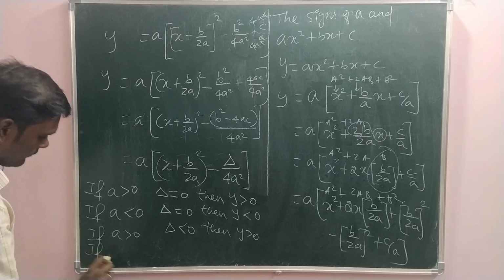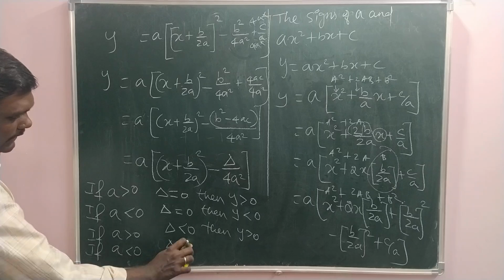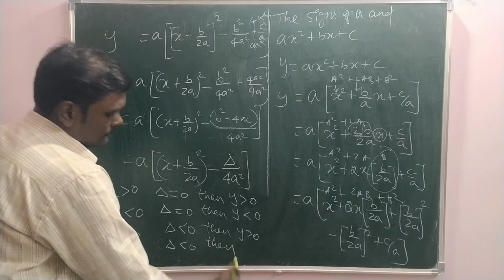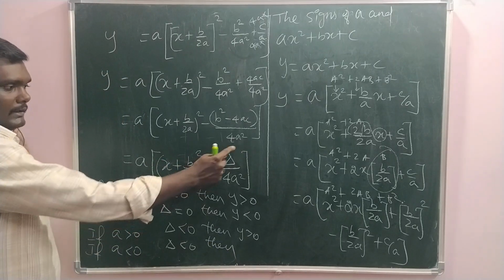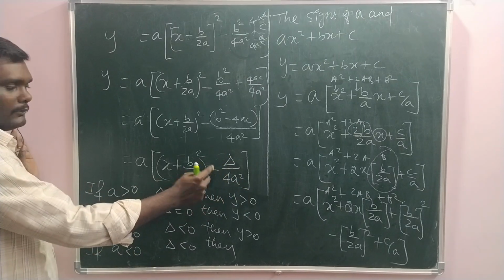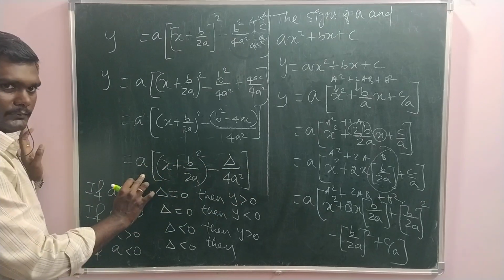And if a is less than 0 and del is also less than 0, then see, a is a negative quantity, this one is a negative quantity, so negative into negative is positive, this whole bracket will become positive, outside one negative.